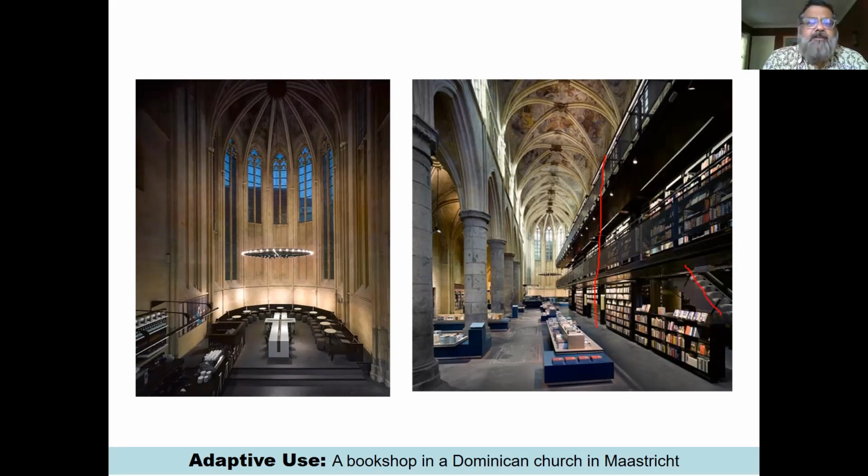And they also have a cafeteria in the nave, and they've done interesting things like having a table in the shape of a cross to recall the era when the structure was a church, right? So interesting ways to use a religious building for a new function.